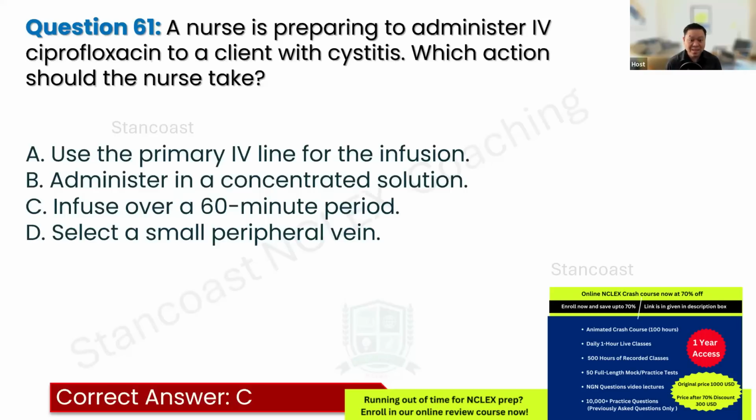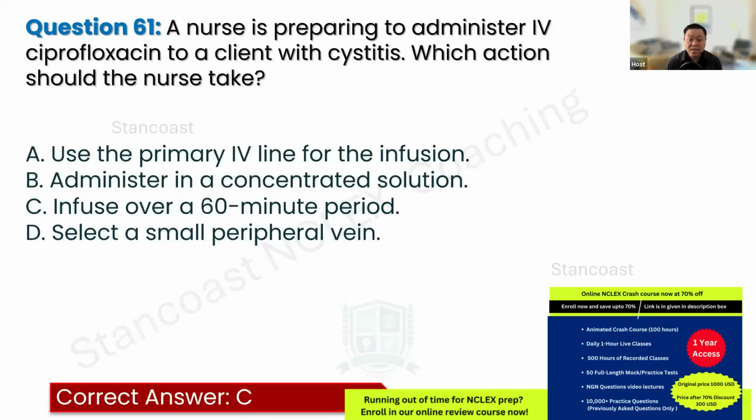Letter A is incorrect. Ciprofloxacin should not be infused with other medications to prevent interaction. So you should not use the primary IV line. Letter B is incorrect. What you should do here is administer a diluted solution, not concentrated, to minimize vein irritation.